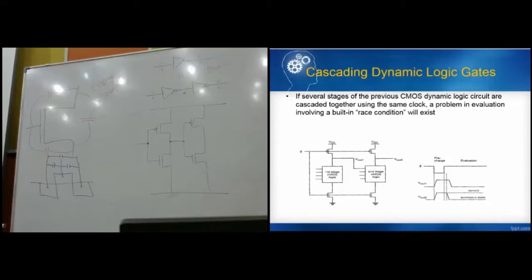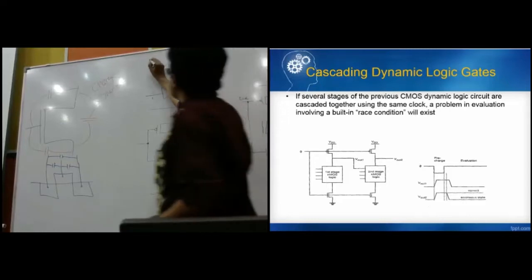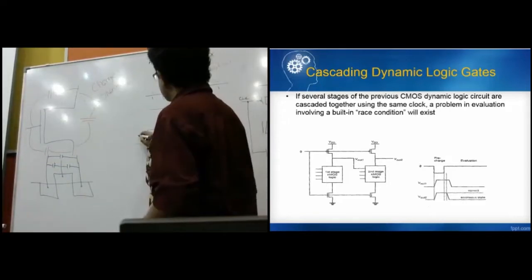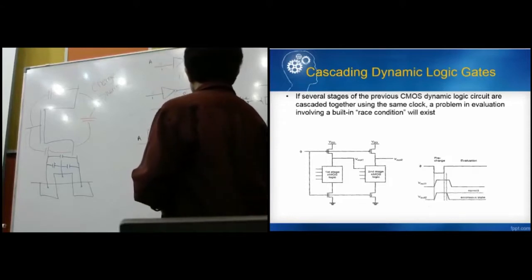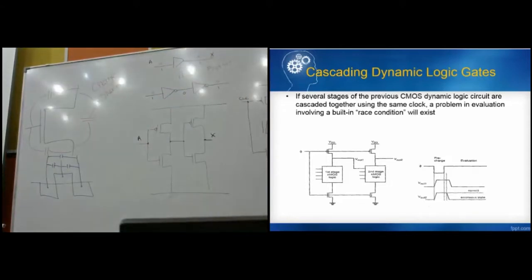Kalau katakan kita nak tukar kepada dynamic, kita ada satu CMOS ini untuk clock yang akan disambung kepada pull down sahaja. Okay. Kalau katakan ini adalah A, ini adalah X, ini A, ini adalah X. So we have here A. Okay, the output is here.